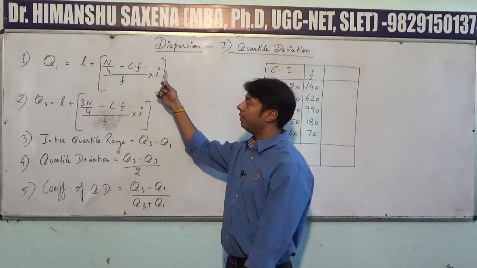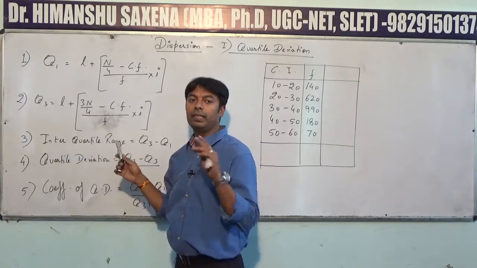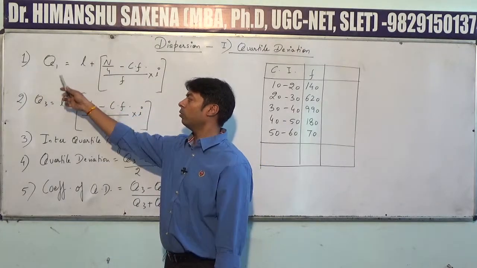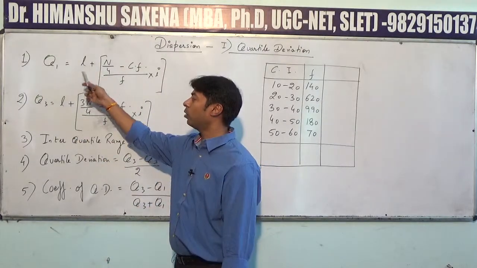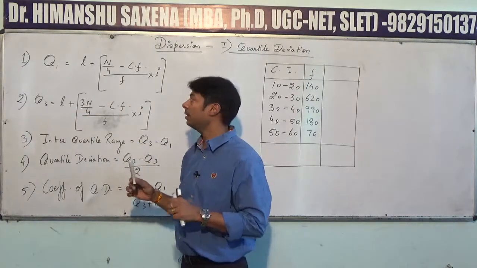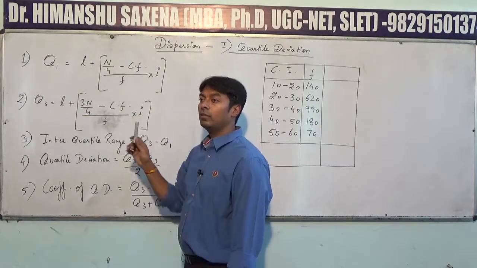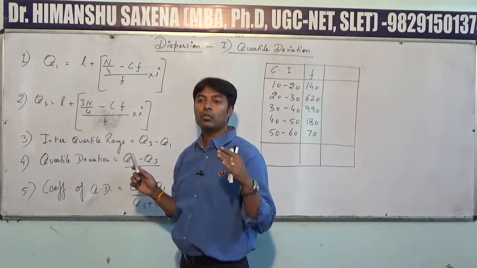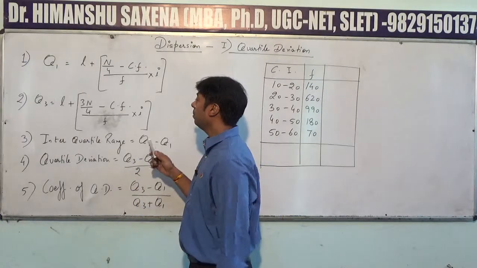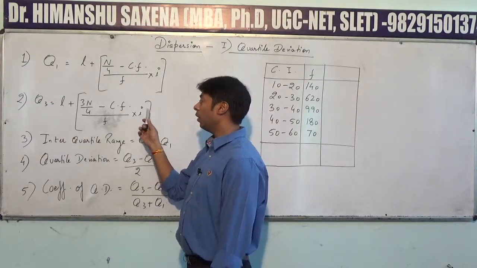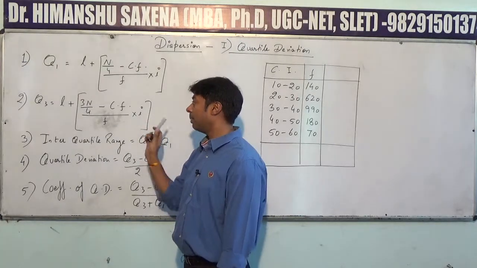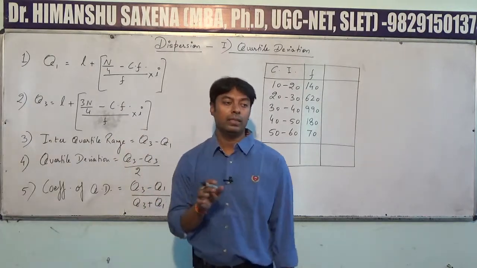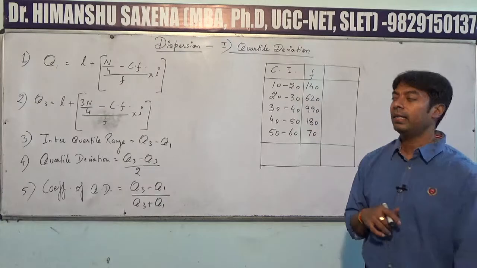Now each and every term in Q1 and Q3 is representing all the terms that you just calculated in median. L stands for lower limit, N stands for total of frequency, CF stands for cumulative frequency of the previous class, I stands for class interval of the selected class, and F stands for frequency of the selected class interval.